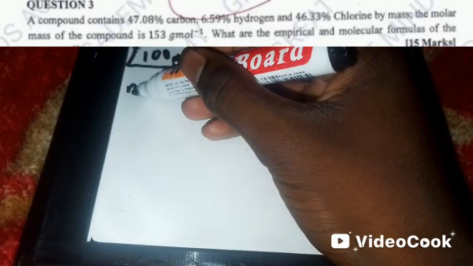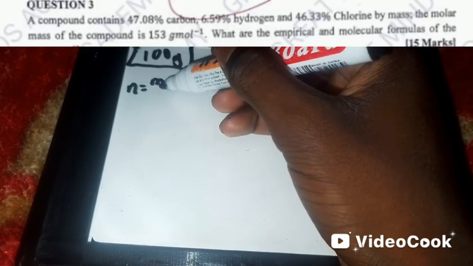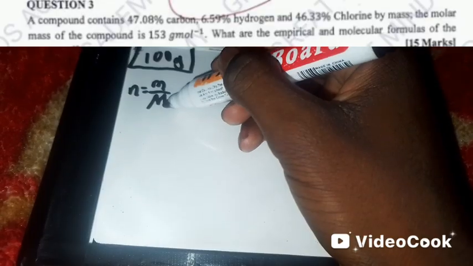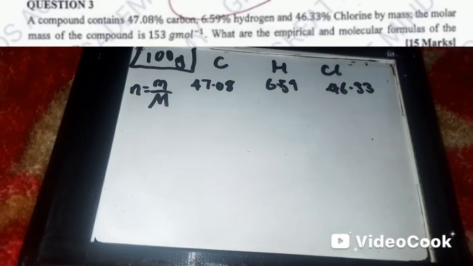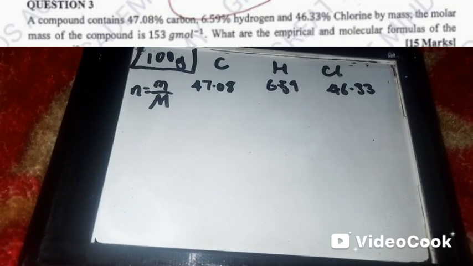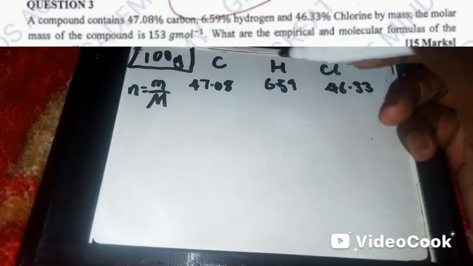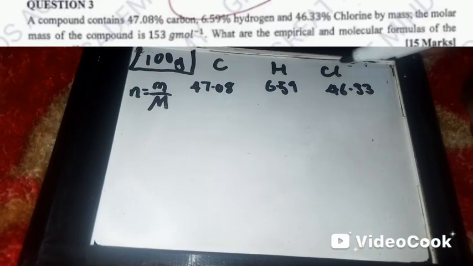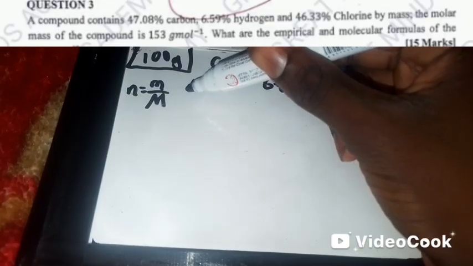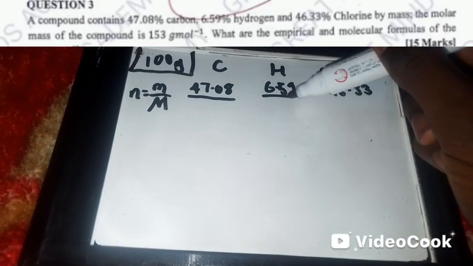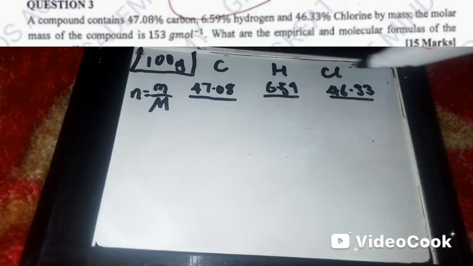And we need to use our trusty formula. The number of moles is equal to the physical mass over the molar mass. So remember, we want to find the empirical formula, the one that shows the smallest number of moles in that ratio, right? Now, what we need to do, we need to find the number of moles in all of these. So we're going to divide all of these by their molecular mass, or in this case, their atomic mass.